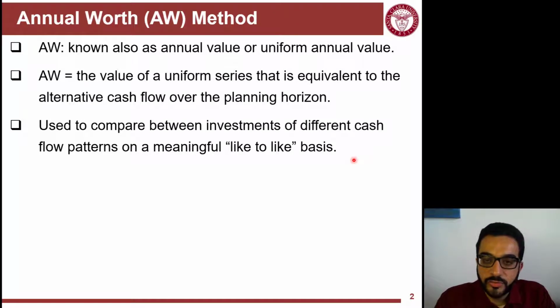And one thing here also: it's called annual worth because most cash flows are annual, but some cash flows are monthly or quarterly. So you still will apply annual worth, but it's not really annual now. It's a uniform series worth, depending on the time period you use in this cash flow. So that's something to pay attention to. Annual worth is applicable, and it's the same process when you have monthly or quarterly or weekly cash flows.